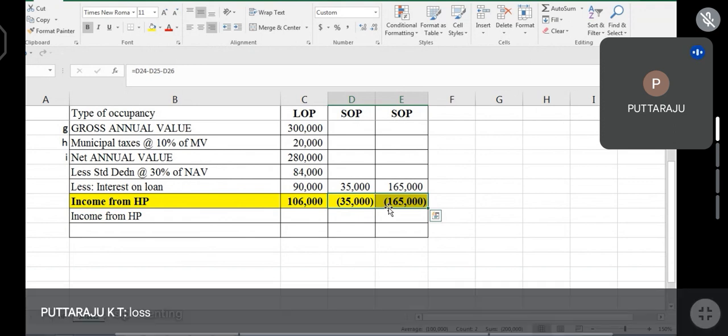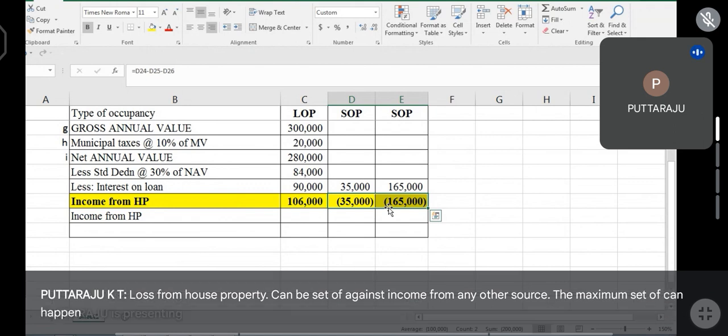Loss from house property can be set off against income from any other source. The maximum set off can happen with respect to house property, with respect to other heads of income.